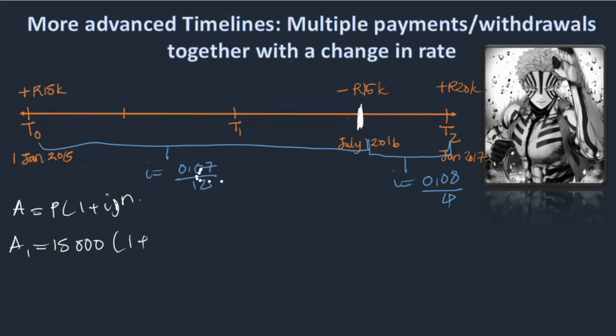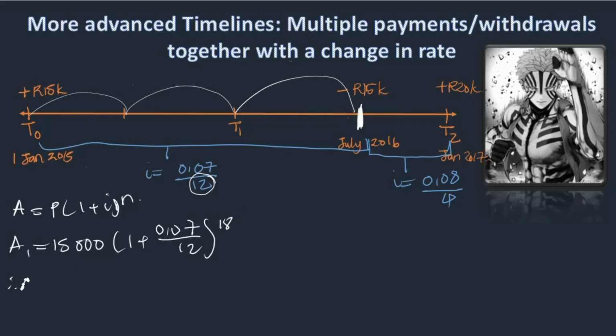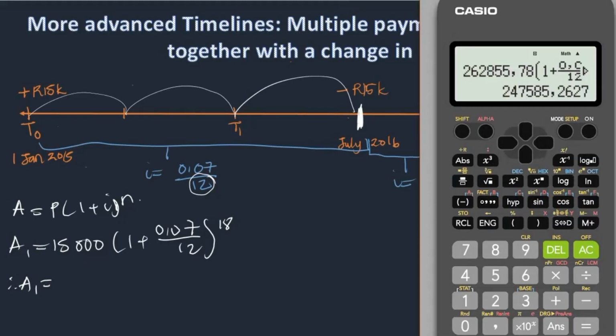I have 1 plus my interest, 0.07 over 12, raised to, how was this compounded? It was compounded monthly. Counting the months here, I have 6 months, 12 months, 18 months. So this is raised to 18, which gives me an A1 of, let's put it on a calculator.